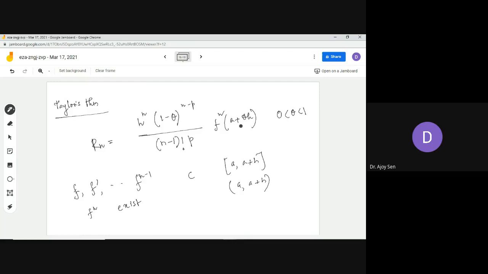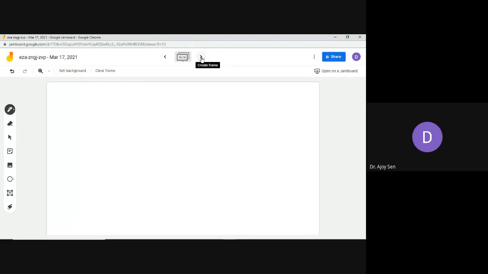So the implication of Taylor's theorem and Taylor's series is quite large, and I think I will not be able to do complete justice to Taylor's theorem and Taylor's series in one single lecture, because these two things require at least 3 to 4 lectures to clear everything. It is actually quite tough to explain Taylor's series also, because there are lots of problems in the infinite domain.